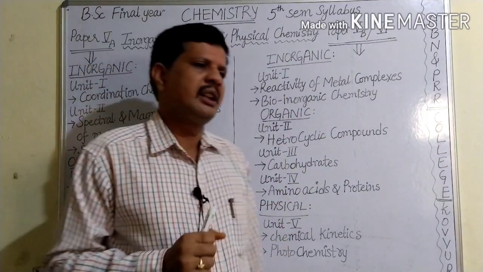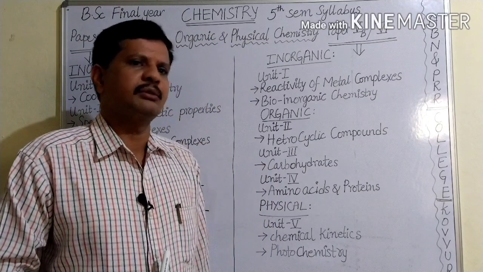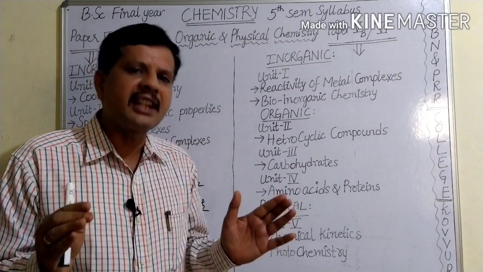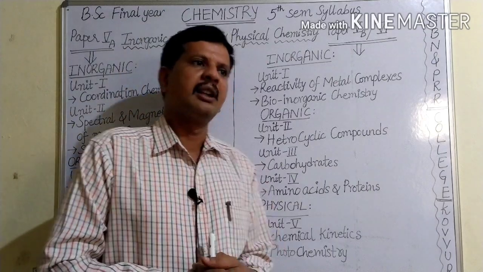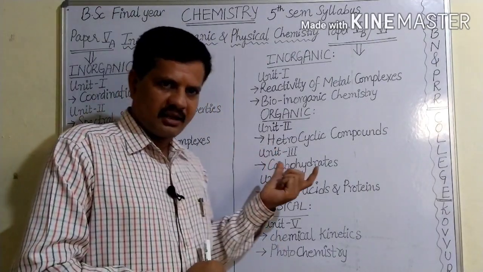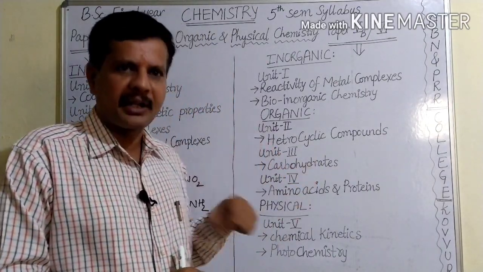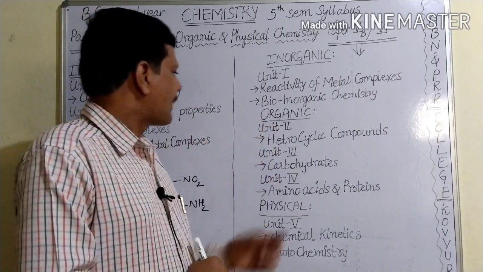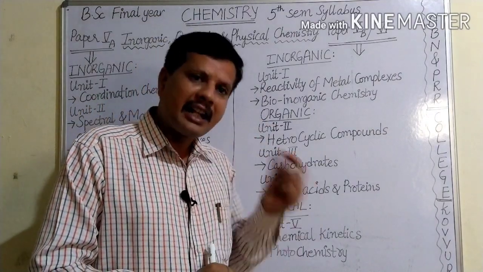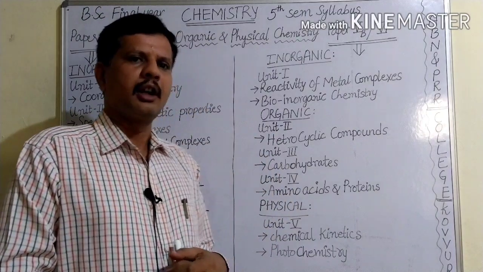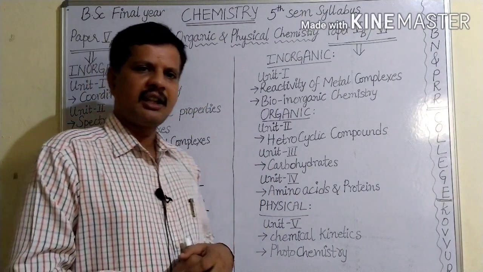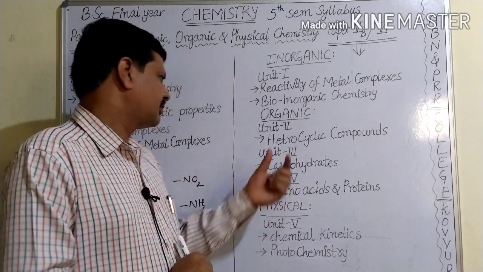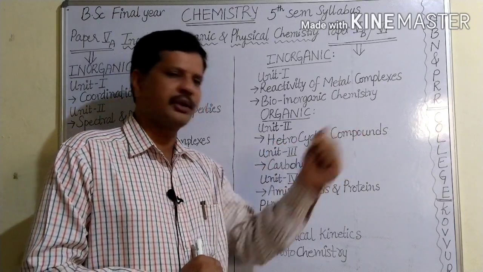Heterocyclic compounds. Up to second year, we learned about homocyclic compounds, like benzene, which is a homocyclic or carbocyclic compound. In carbocyclic compounds, all the atoms in the ring are carbon. Apart from carbon, other elements like nitrogen, oxygen, sulfur are also present in the ring along with carbon. Then those are called heterocyclic compounds.